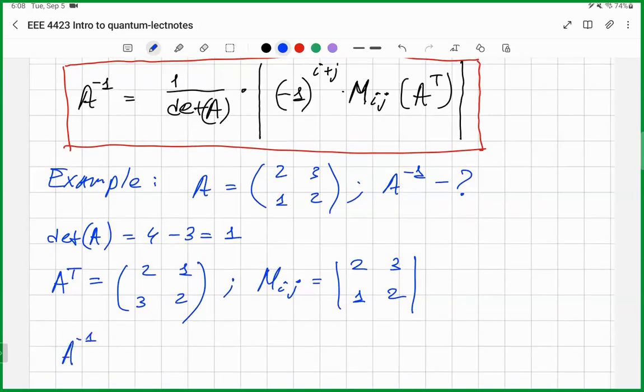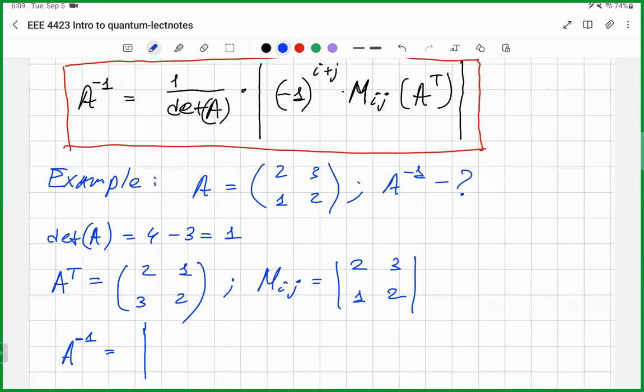So for the inverse matrix, we have 1 over determinant, which gives us 1, so I don't write 1. And then the matrix. And this construction, minus 1 to the power of i plus j, is just to choose the correct sign before the minor.